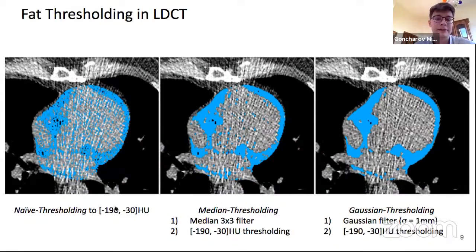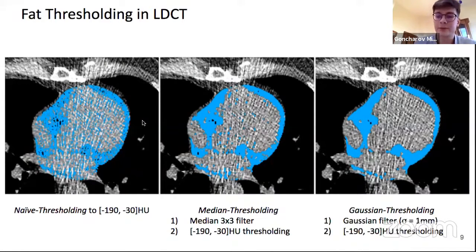In the middle, you see that the median thresholding, which works well for full-dose CT images, also works imperfectly for low-dose CT images. And interestingly, in the most right picture, you see that a Gaussian filter applied to the input CT image followed by Hounsfield unit thresholding results in a relatively better mask.